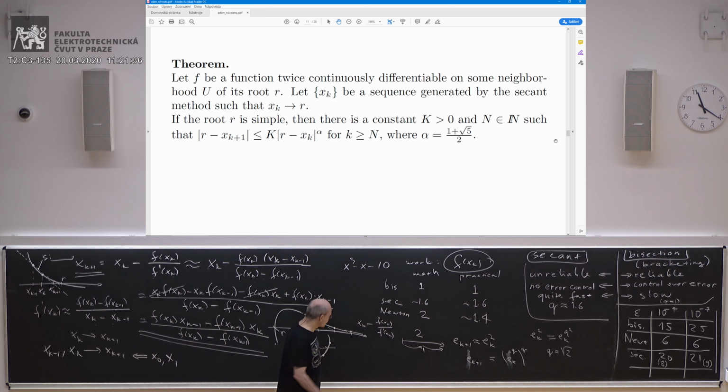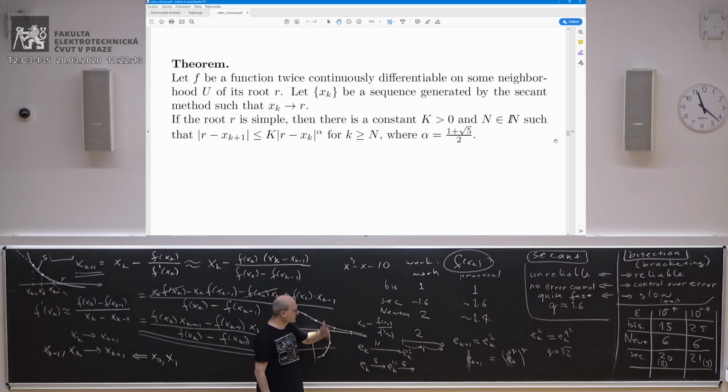You can also look at it this way. You have an error. If you use Newton, you get a new error, ek squared, which doubles the number of correct digits if you are close to the root. If you decide to do the secant method, you get ek to approximately 1.6, but you do it with just one evaluation of f. So by the time this calculation is complete, you still have time to make another step of the secant method.